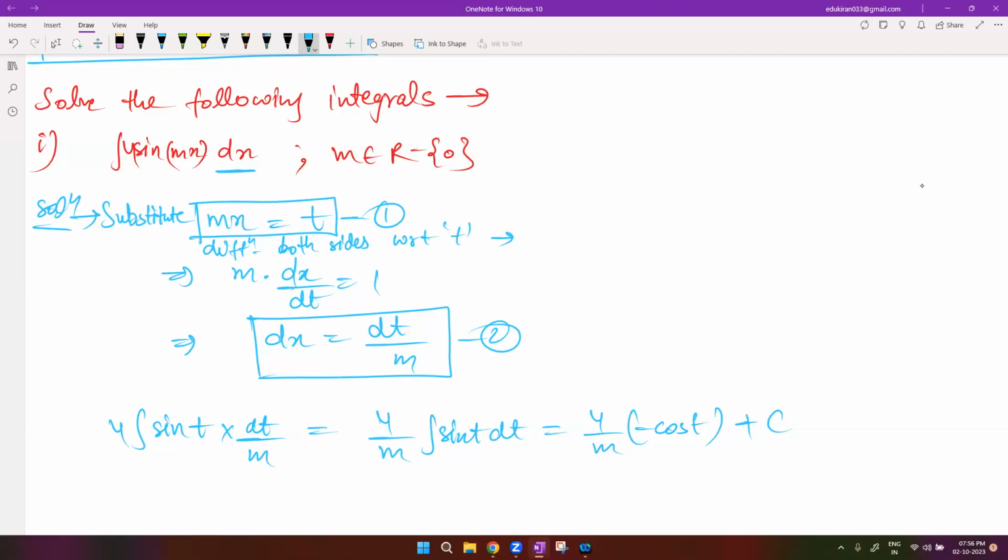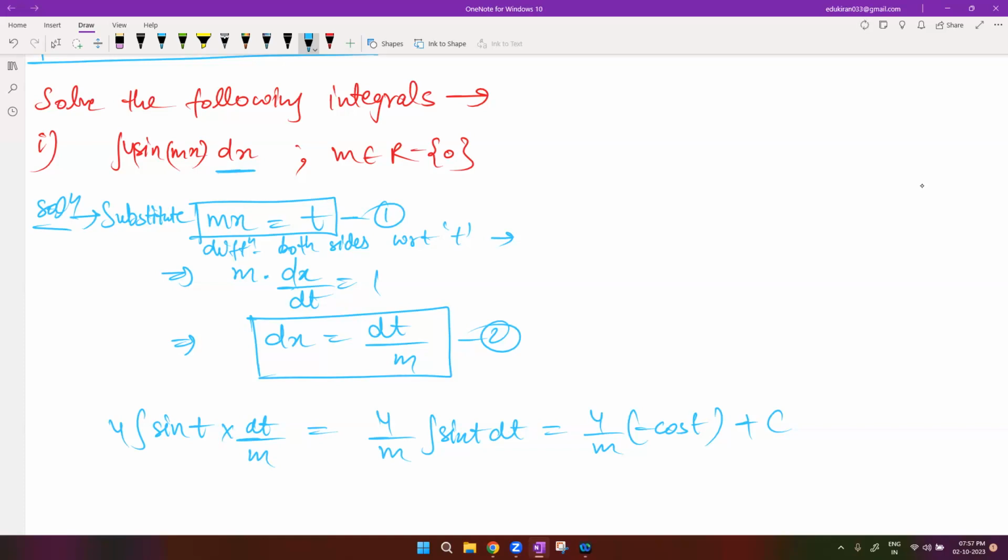We know the integration of sine t. So the point of substitution was to transform the original function, sine mx, into a function which can be directly integrated. We have transformed sine mx dx into sine t dt, and sine t dt has a direct answer.